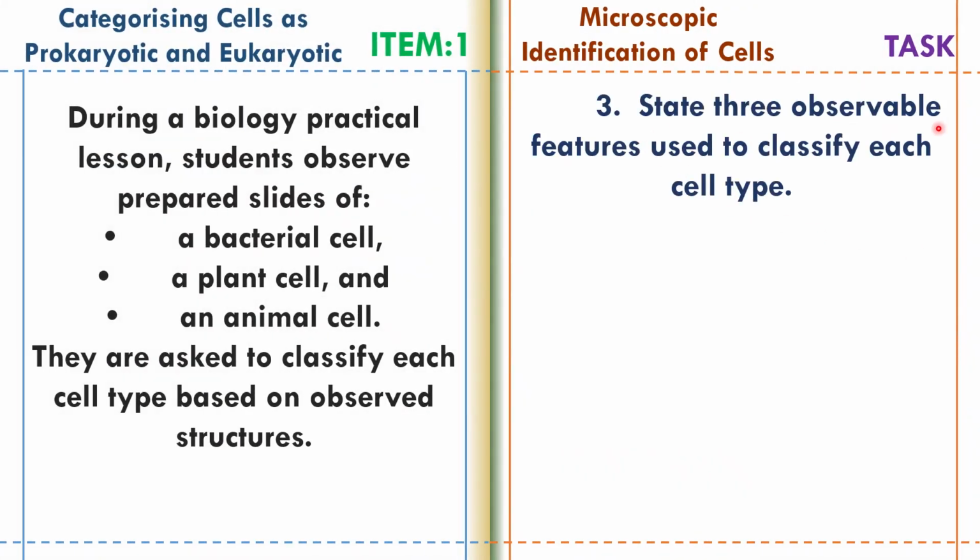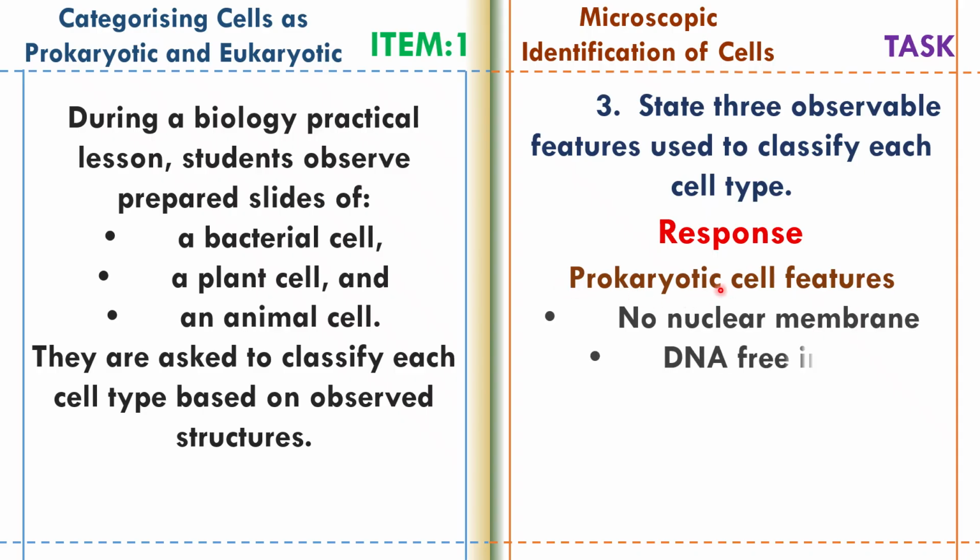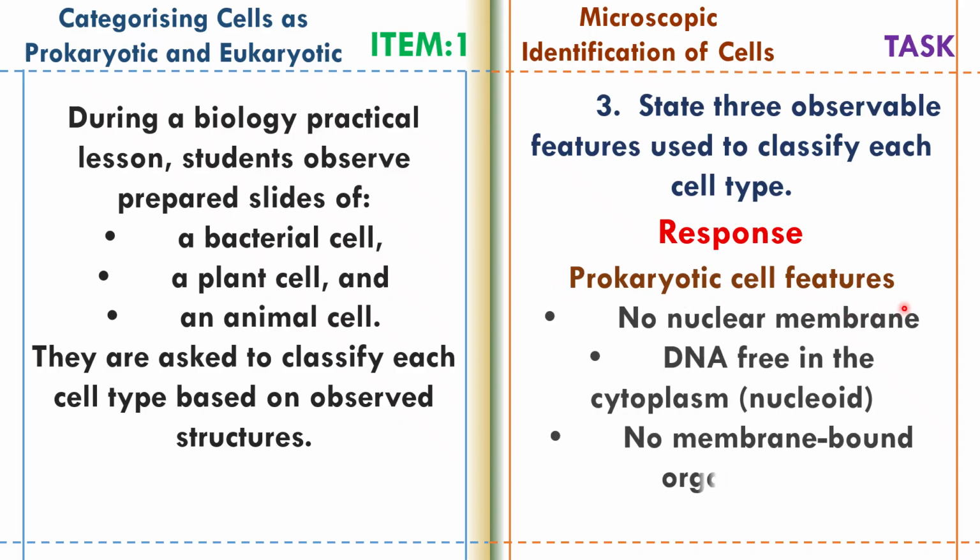State 3 observable features used to classify each cell type. Prokaryotic cell features: no nuclear membrane, DNA free in the cytoplasm, nucleoid, no membrane-bound organelles, and small size.